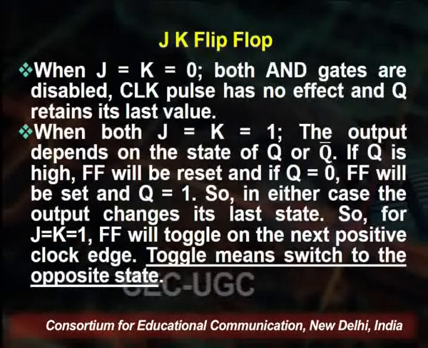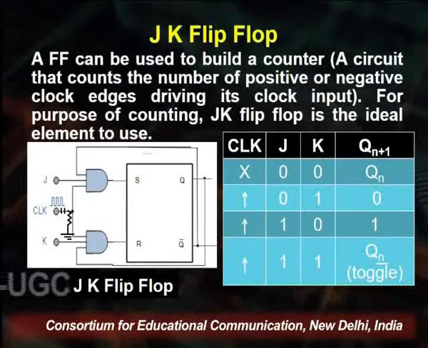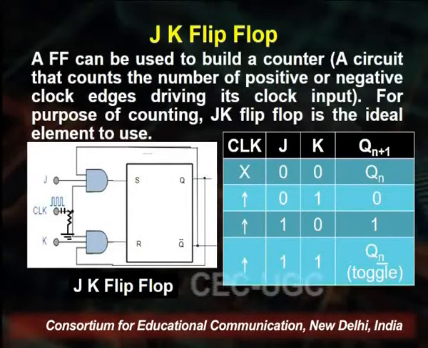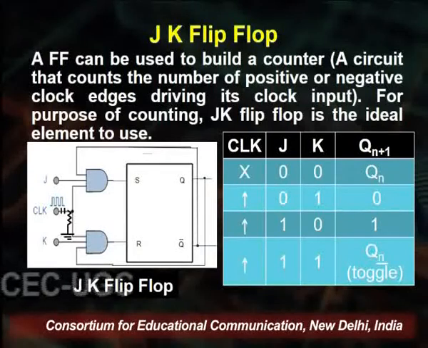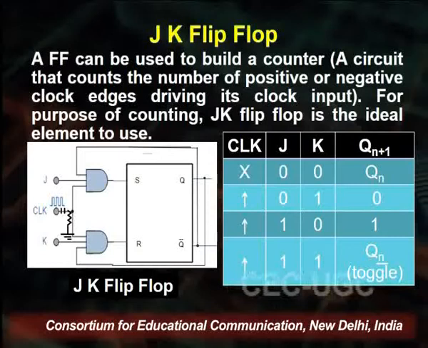Hence, looking again at the truth table, we'll see that for all clock edges, when J equal to 1 and K equal to 1, its output Qn plus 1 will keep toggling. That is, for every change in clock, it will keep toggling between 0 1 0 1 0 1 0 1 or 1 0 1 0 1 0 1 0.